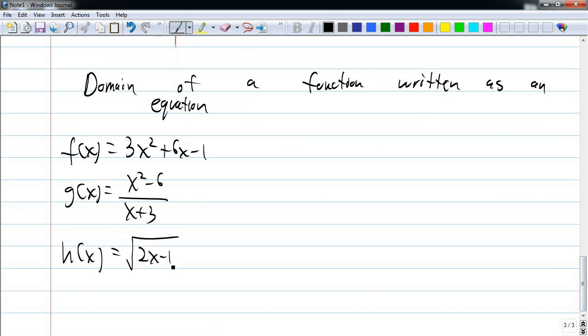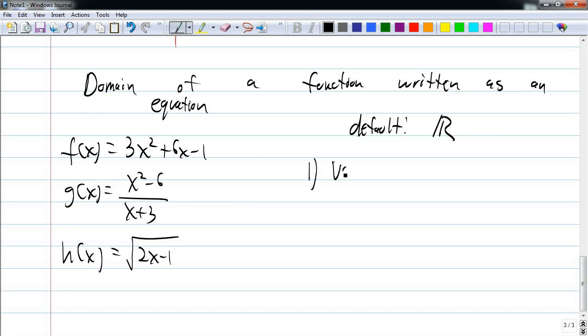Okay? Here's what you want to think about when I hand you an equation of a function and ask you what the domain is. Your default is that it's all reals. Okay? Assume that the domain of a function is all reals. There are two things that could change that.